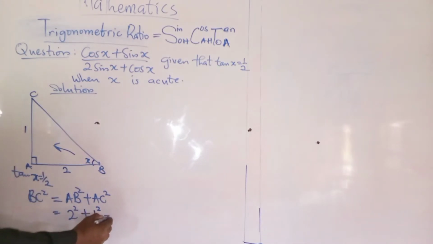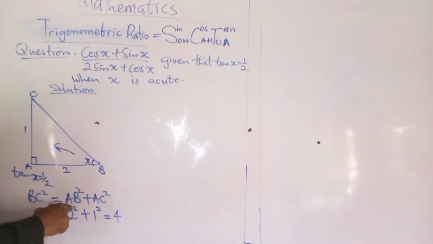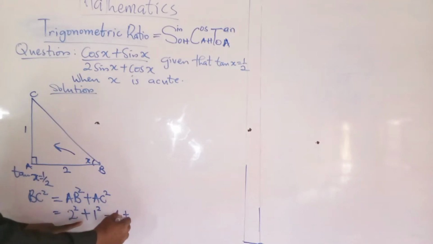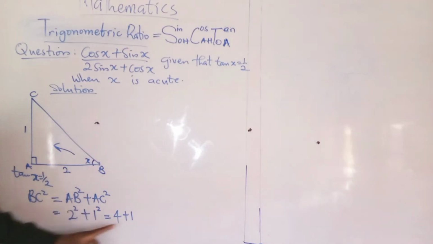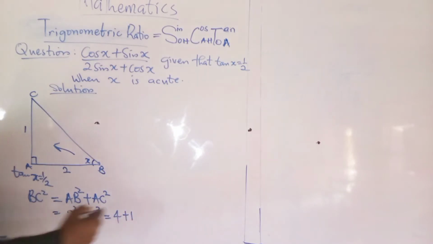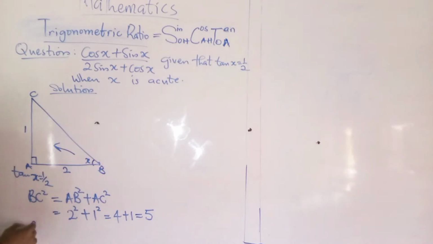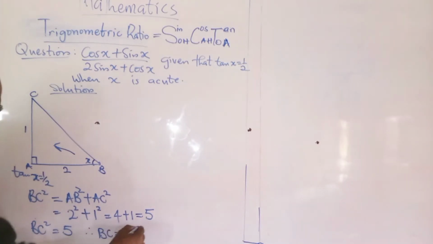So this will give us 4, the square of 2 is 4, and the square of 1 is 1. 2 times 2 is 4, 1 times 1 is 1. And so we have 5. Now, BC squared is equal to 5. So therefore, BC is equal to the square root of 5.